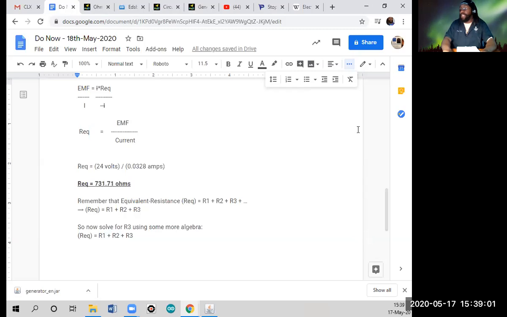So I can say, hey, I'm going to subtract R1, and I'm also going to subtract R2, because I want to just have R3 all to myself. Right? So I just want to let you see the changes and what happened. And likewise, what you do to one side in algebra, you definitely have to do to the other side of the equation.